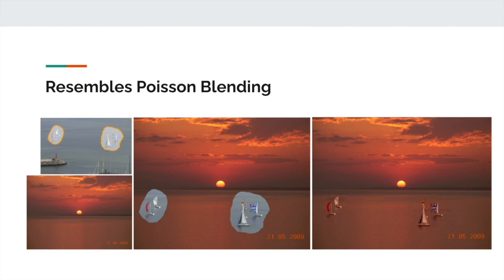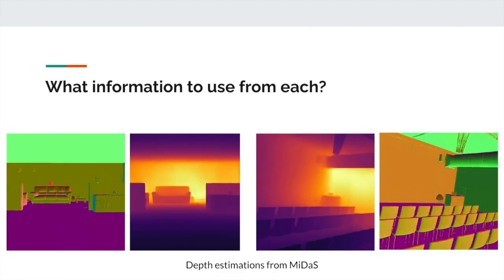Can we use this information to blend our depth map and normal maps? How does Poisson blending relate to our problem? As we briefly talked about, normal maps contain gradient information of the depth map. So can we use that information to seamlessly merge them and get a better depth map?